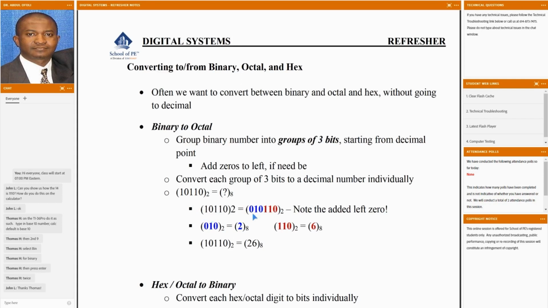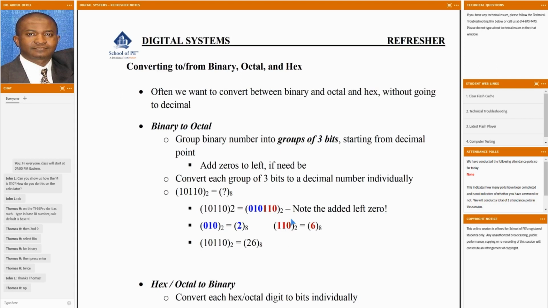Now we take the blue one individually, the 3 bits, and convert it to decimal. 101 in base 2 is basically 5, which is our base 8 digit. And then we take the other 3 bits, 110, and also convert it to decimal. 110 in base 2 is going to be 6 in base 10, which gives us our digit in base 8.